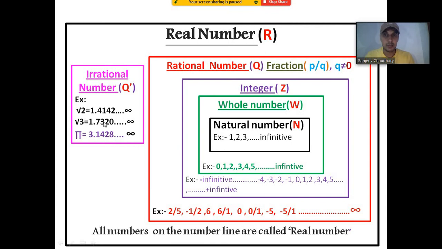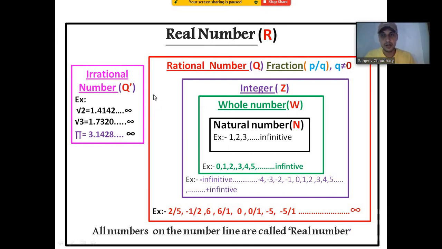And even for examples, an irrational number is a number that cannot be written in the form of P upon Q. But a rational number is a number that can be written in the form of P upon Q in fraction. So we can say that no rational number is an irrational number, and no irrational number would be a rational number. All irrational numbers would not be integers or whole numbers. Got it? So through this diagram you can identify very quickly and very correctly.